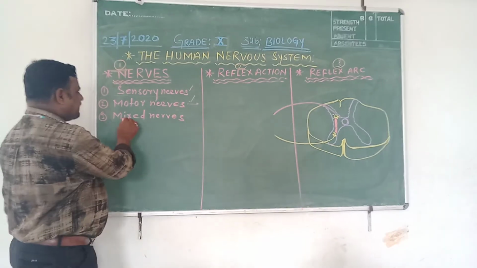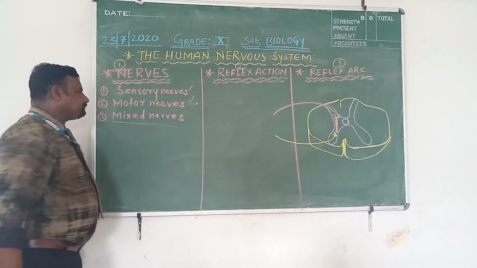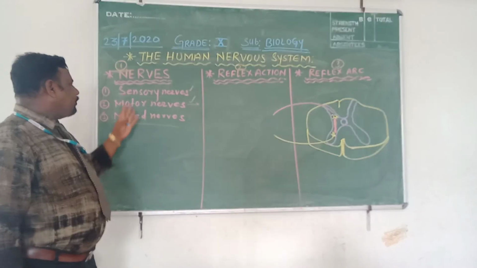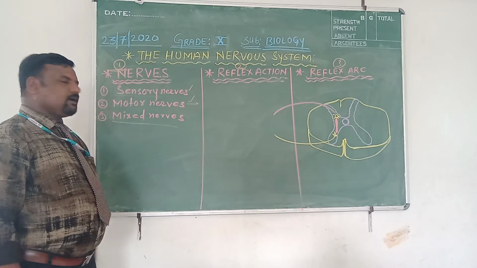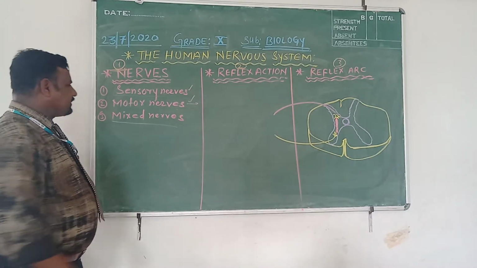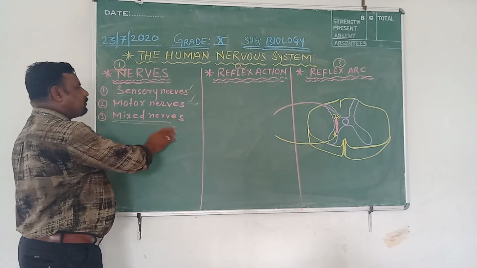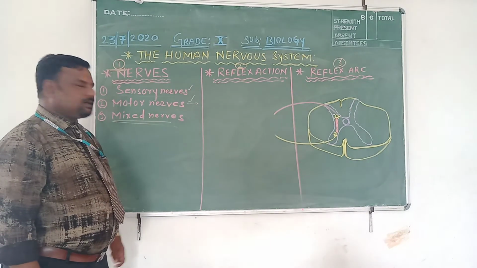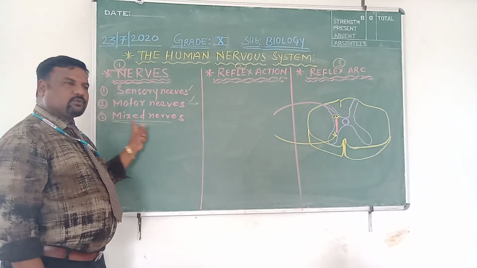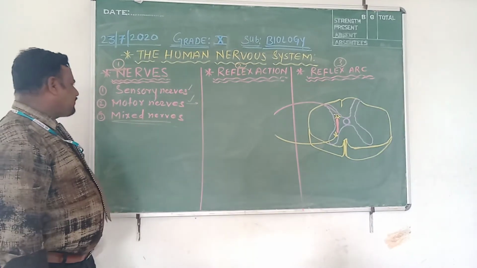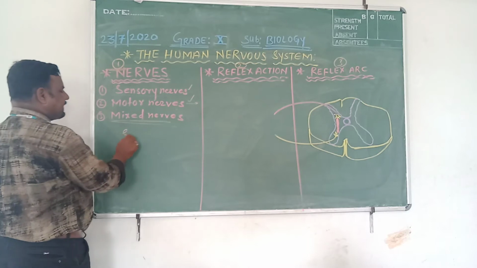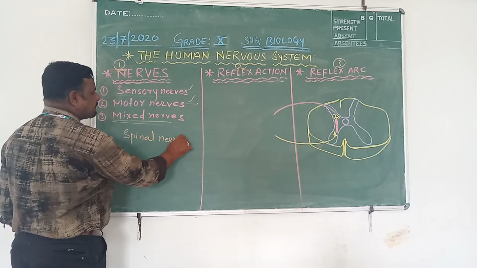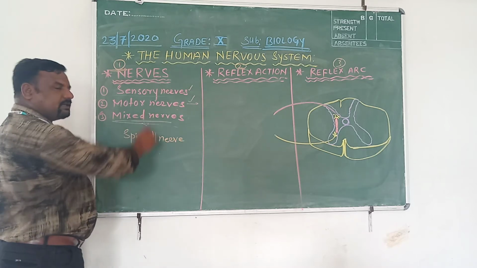And what about the third type, mixed nerves? Mixed nerves have both sensory nerve fibers as well as motor nerve fibers, so we call them mixed nerves. An example of a mixed nerve is the spinal nerve.